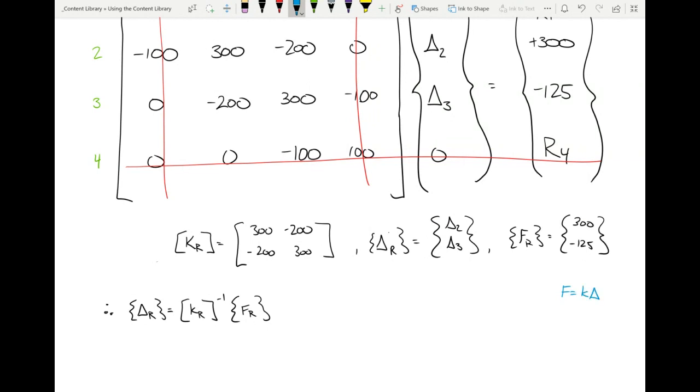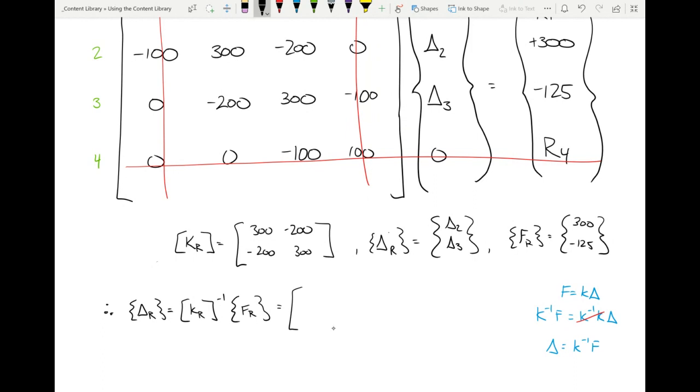And so if I want to solve for delta, multiply both sides by K inverse. Over here on the right, K inverse times K cancels, and I'm left with delta equals K inverse times F. I'm just expressing it in terms of those reduced matrices based on the boundary conditions.